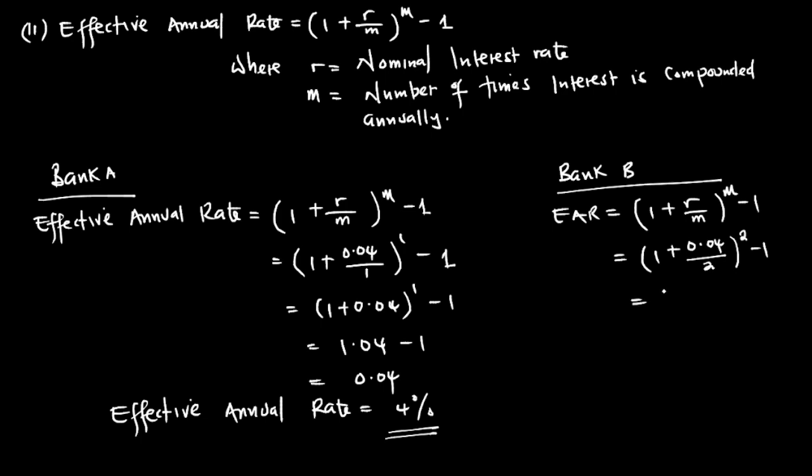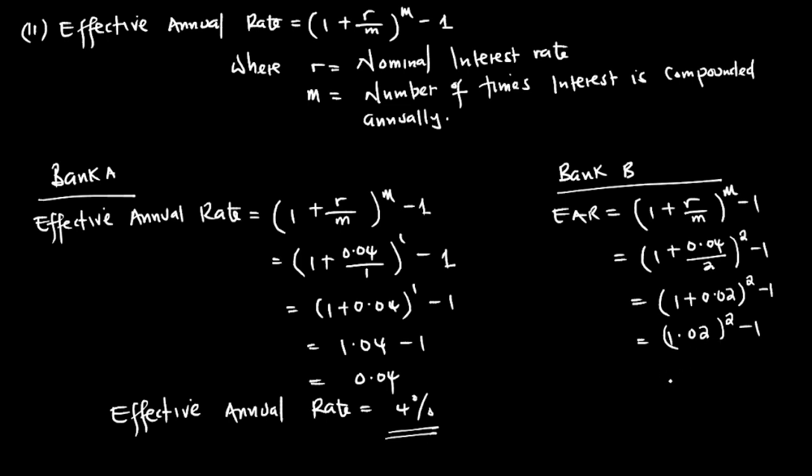So we shall say 1 plus 0.02 to the power 2 minus 1. That's going to give us 1.02 to the power 2 minus 1. So what do we get there?